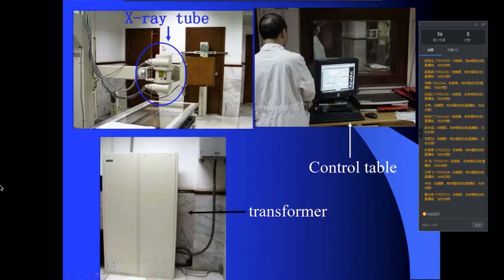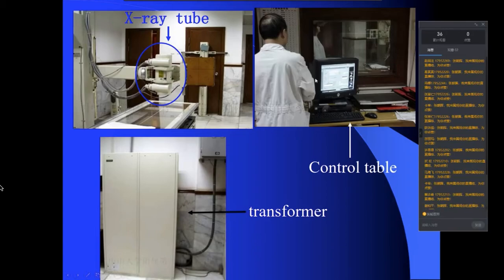And this image shows you the equipment for X-ray production. This is the X-ray tube, and this is the transformer. The X-ray tube is used to generate X-rays. The transformer is used to change voltage. And this is the control table.